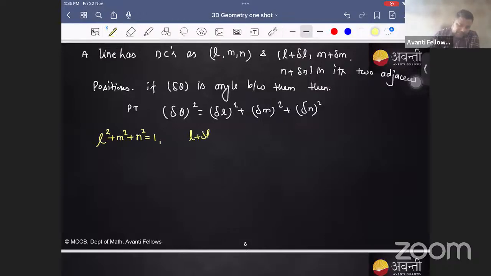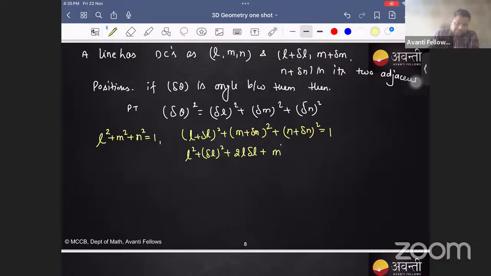L plus delta L square, M plus delta M square, N plus delta N square is also 1. Now it is L square plus delta L square plus 2L delta L plus M square plus delta M square plus 2M delta M plus N square plus delta N square plus 2N delta N equals 1.